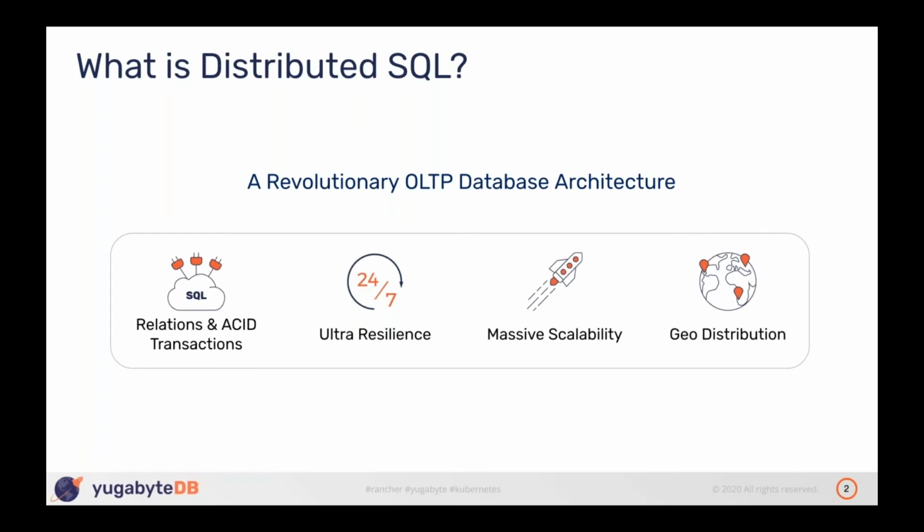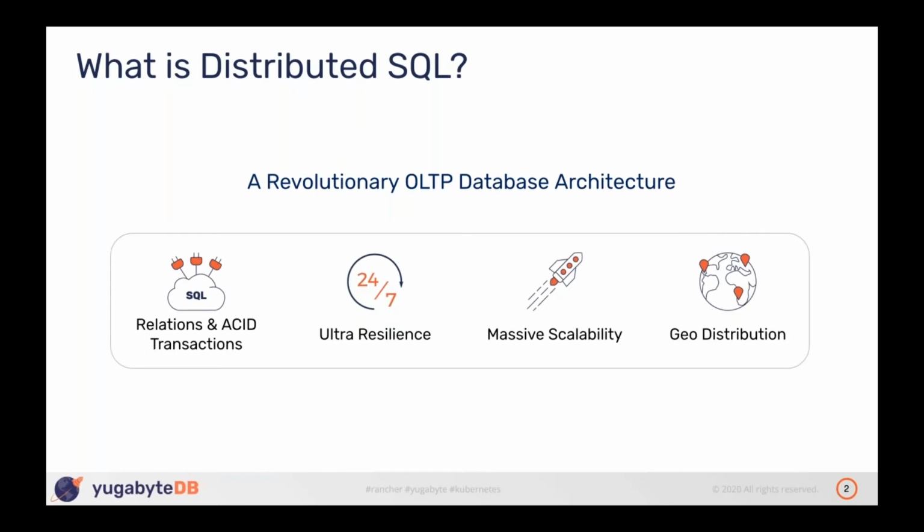Very, very powerful paradigm from an application programming standpoint. However, both SQL and ACID transactions have not been available in the distributed form factor for a long time. And that's where distributed SQL comes in.